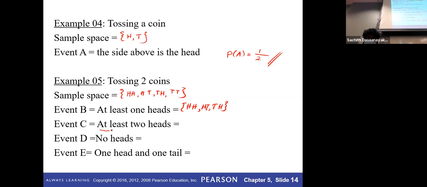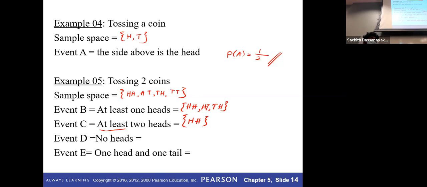At least 2 heads means minimum 2, maximum any value, but here you have 2 flips, so your event is this one: at least 2 heads, right? Head tail or tail head, no, because it is just one head. Head head, clear?